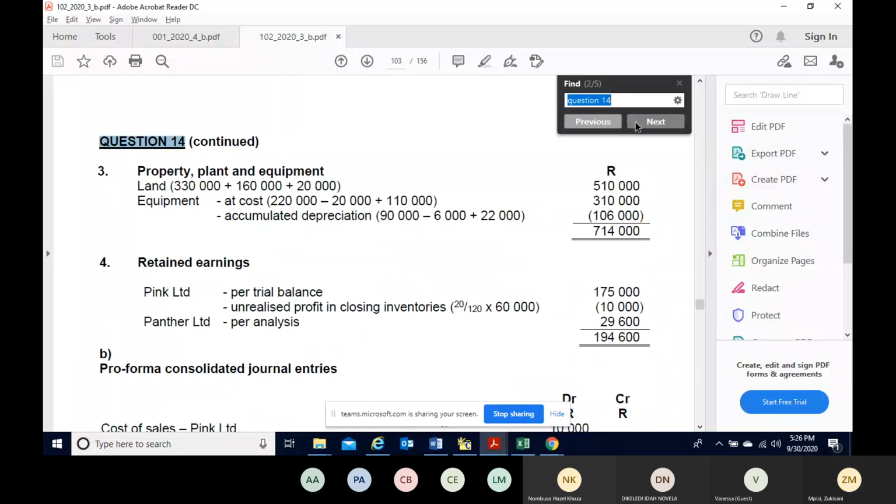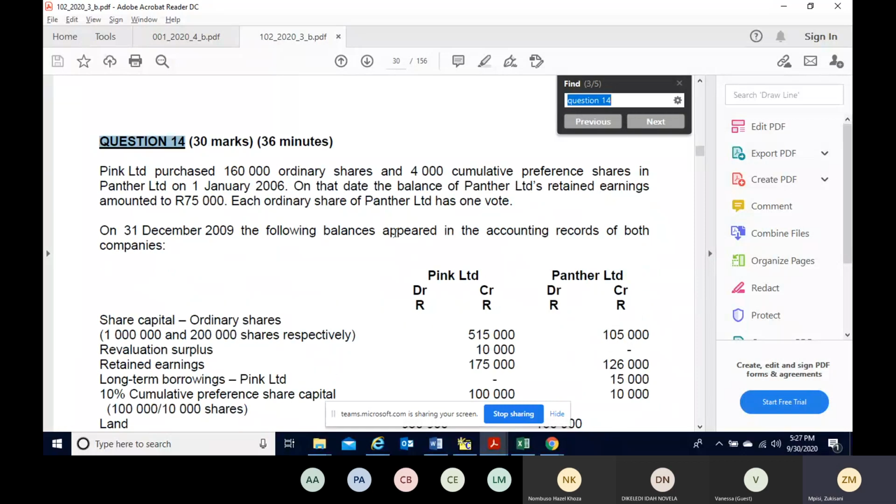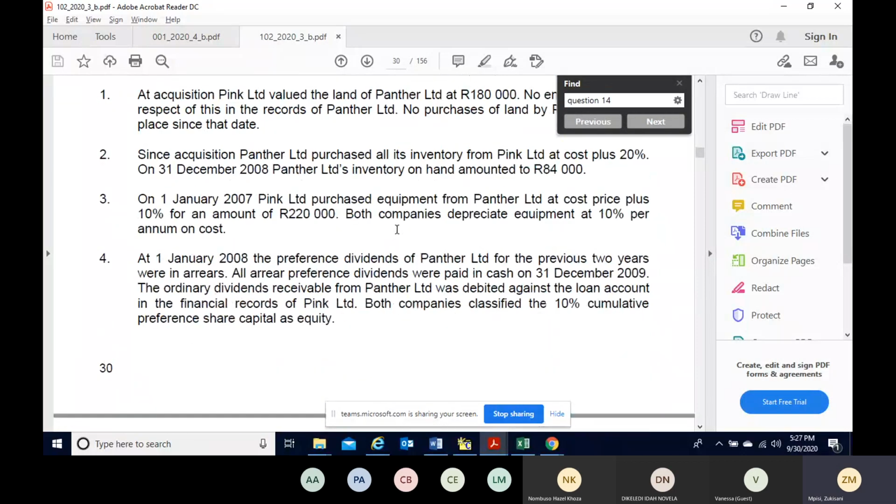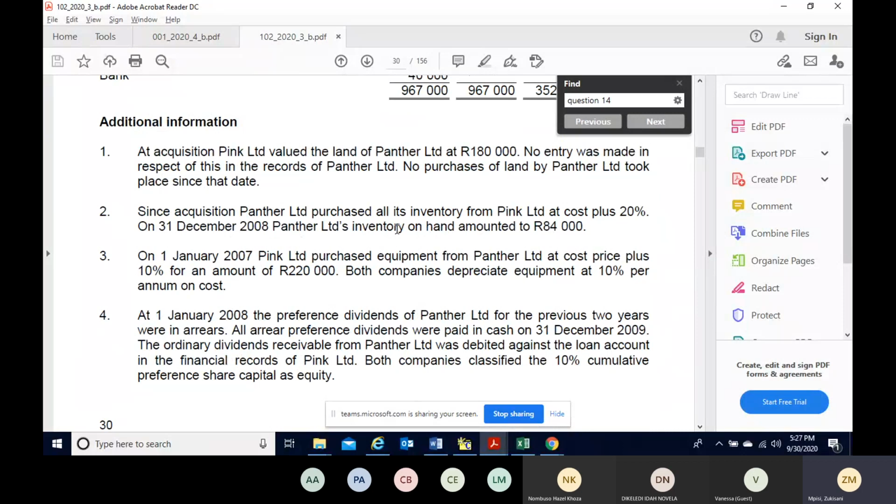On question 14, specifically under additional information, you are told here that Pink Ltd purchased equipment from Panther at a cost price plus 10% for an amount of 220,000. Both companies depreciate equipment at 10%.